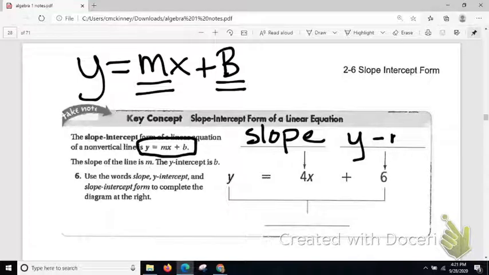We talked about the y-axis. The y-intercept is the place where a graph or a line crosses the y-axis. It intercepts, kind of like intersect, right? This whole equation, we would say, is in slope-intercept form.